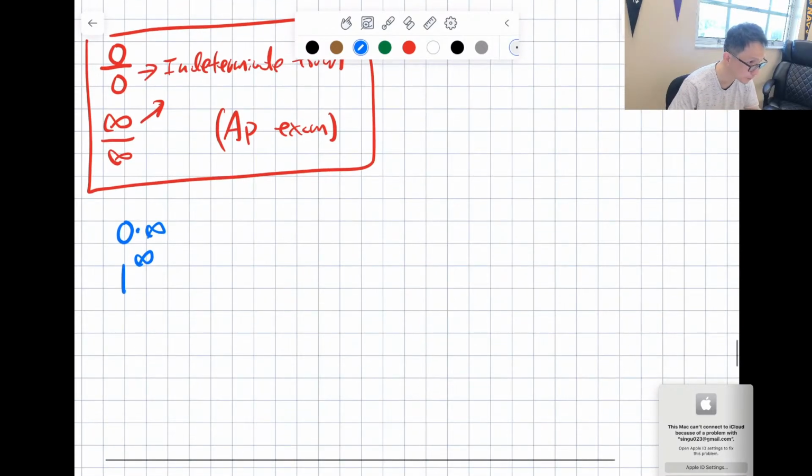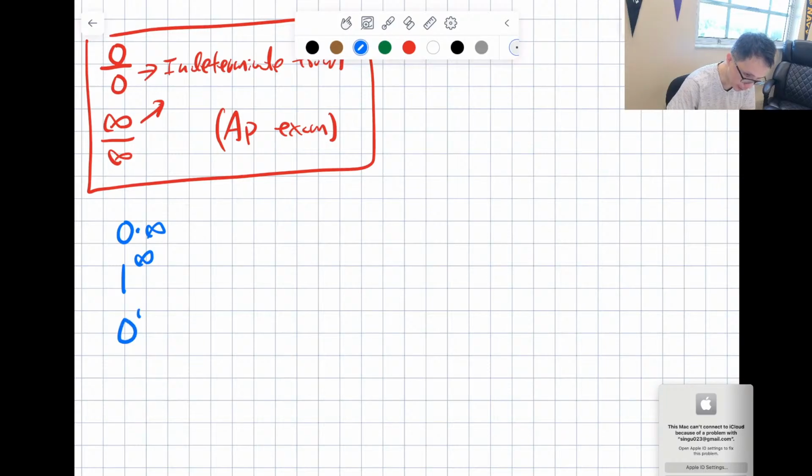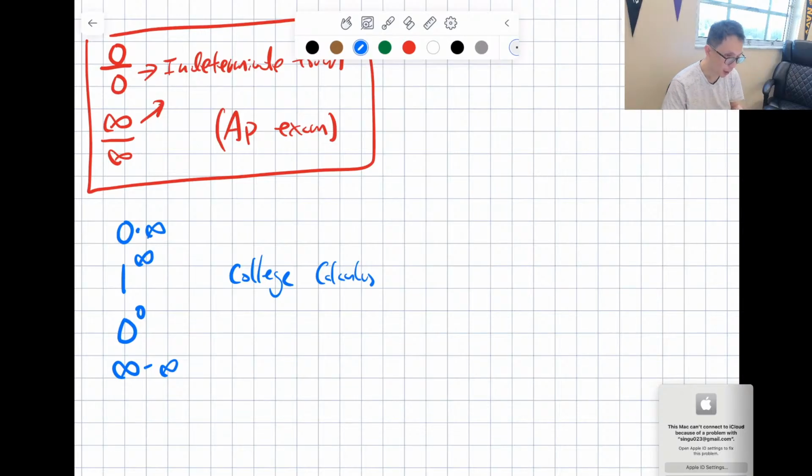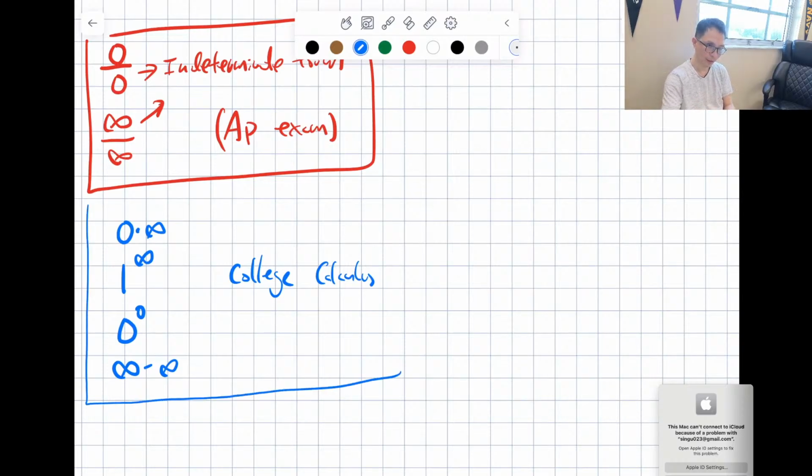We're going to show you that. 0 to the 0 power. And infinity minus infinity. This happens in college calculus. They love this topic, and I can understand why, but it's not for BC either. This is for college calculus. Okay?